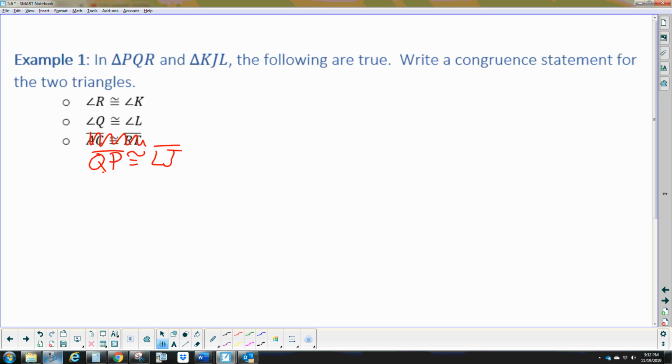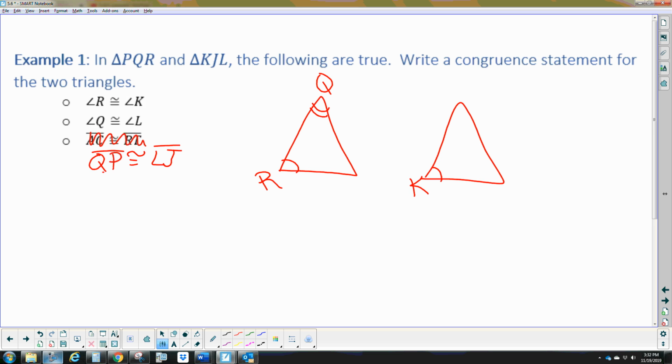So the first thing I'm going to do is just draw 2 triangles. I'm going to first decide whether or not they're congruent. Okay, I know that angle R is congruent to angle K, so I'm going to mark those congruent. I know that angle Q is congruent to angle L, and I know that QP is congruent to LJ.